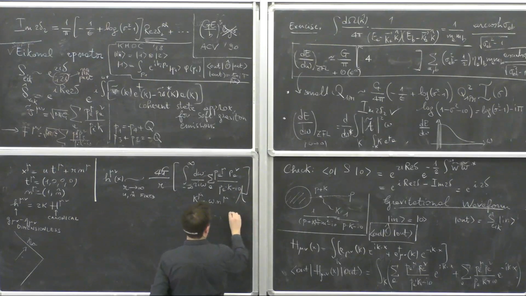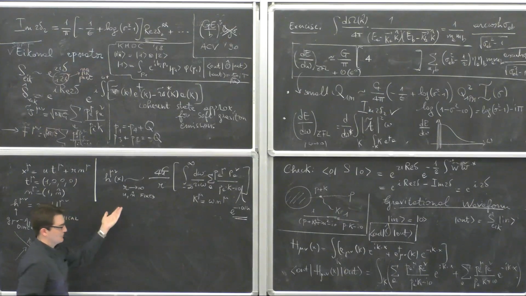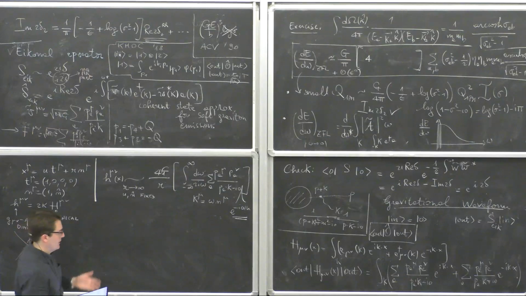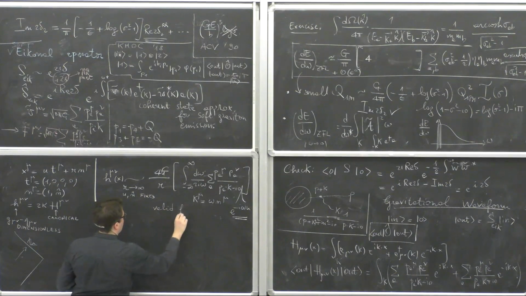I forgot the exponential factor. So if you want, this is a good approximation of the time domain waveform for large absolute values of the retarded time.